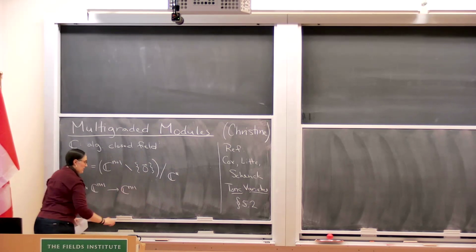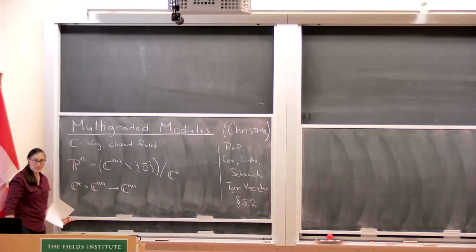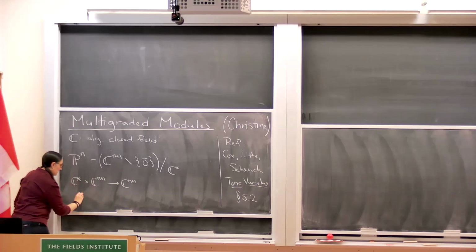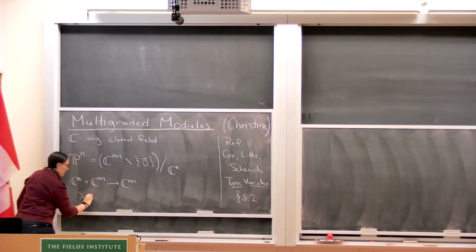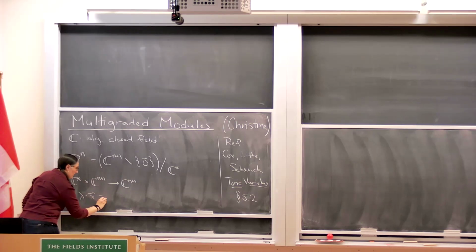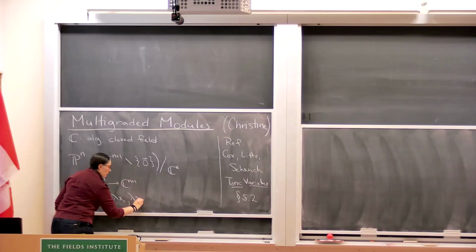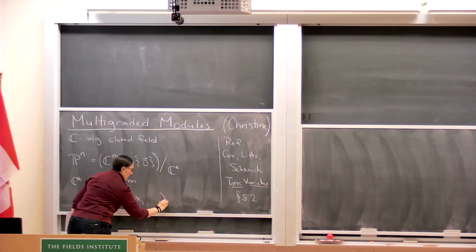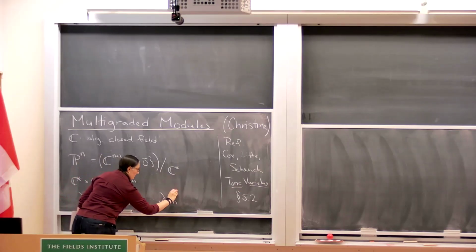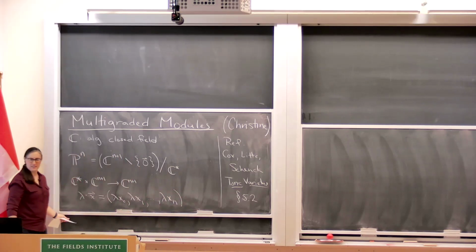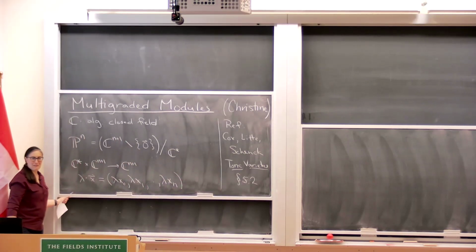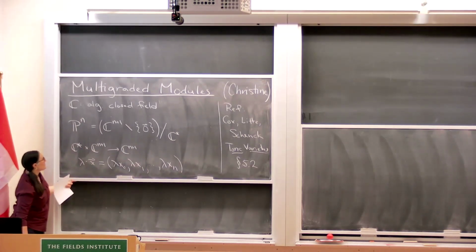And the equivalence relation is just asking for the orbits of that action, right? So here we're saying lambda acting on a vector x is lambda x0, lambda x1, ..., lambda xn.